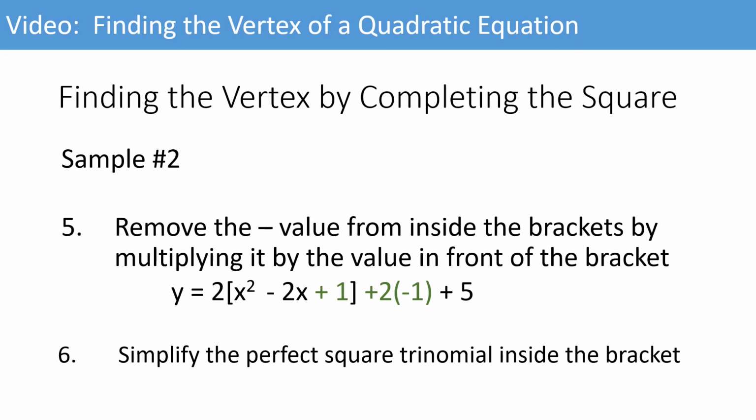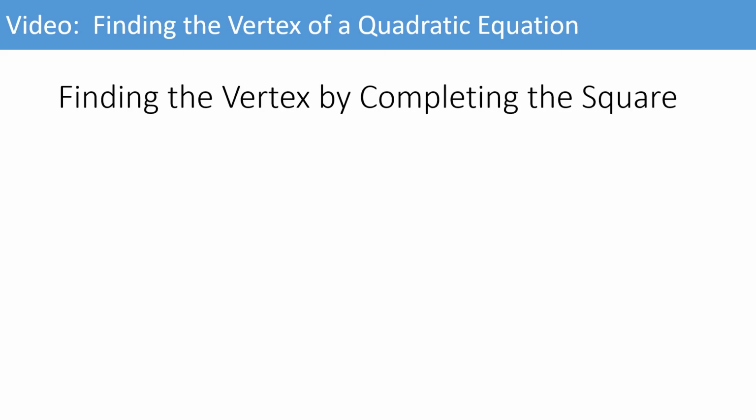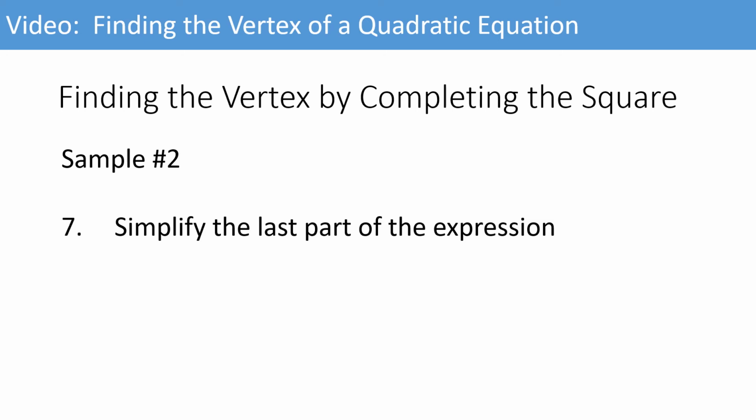Now simplify the perfect square trinomial inside the bracket by factoring. So it becomes 2 times (x minus 1) squared, and we simplify the last part of the expression, negative 2 plus 5, to become plus 3.